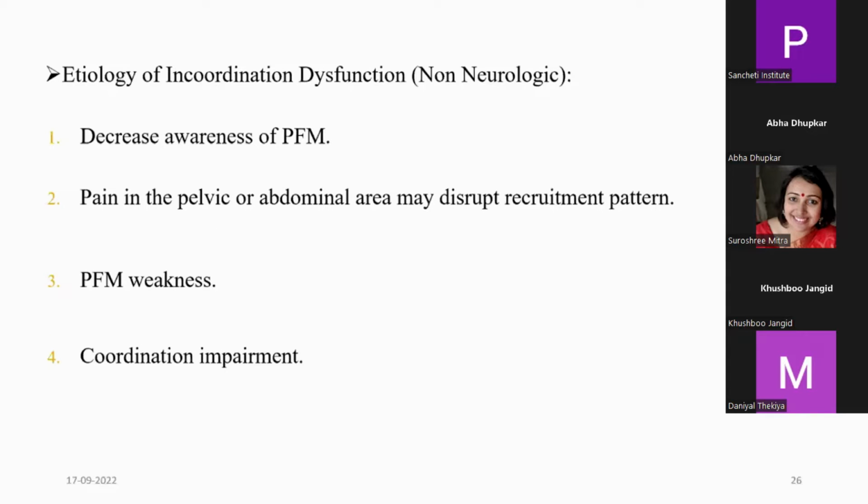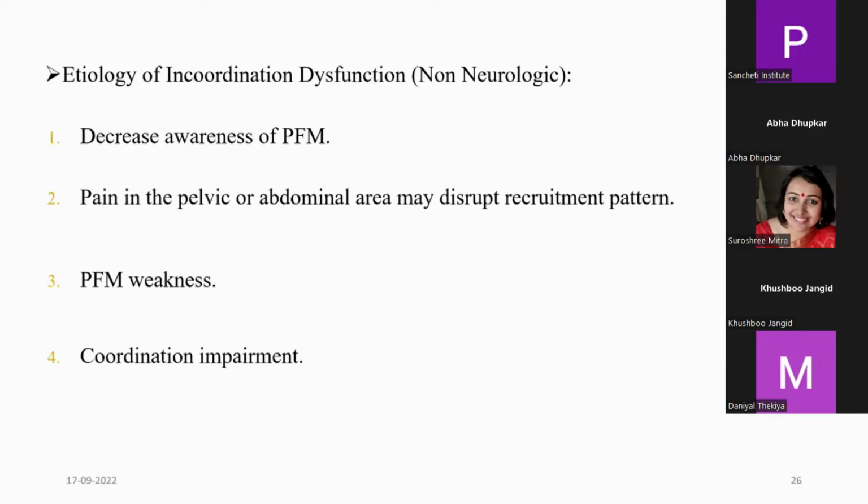Now we are going to see the etiology of incoordination. This is a purely non-neurologic etiology, because under neurologic etiology only the neurological conditions are to be mentioned. So specifically under non-neurologic etiology, you see decreased awareness of the pelvic floor muscles, then pain in the pelvic and abdominal area.